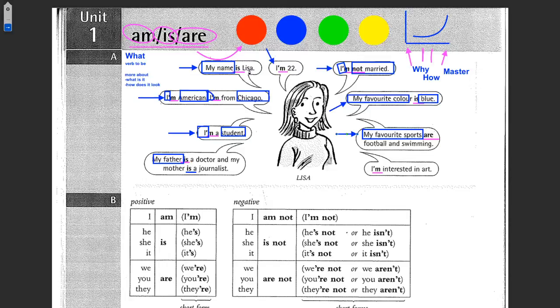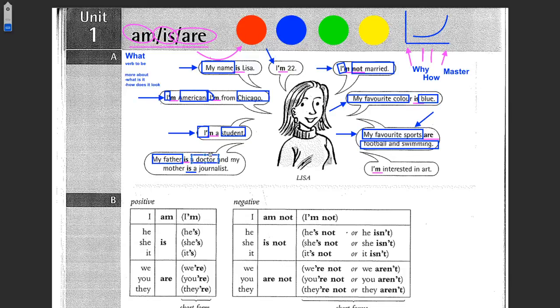And my favorite sports. What are my favorite sports? Previously, every sentence is simply using one thing to talk about: Lisa, married, Chicago, American, blue, student. But this one is a little bit different, and you can see they have more than one, so that's why they use another one, are. Swimming and football, and sports. All right, the other one: my father is a doctor.